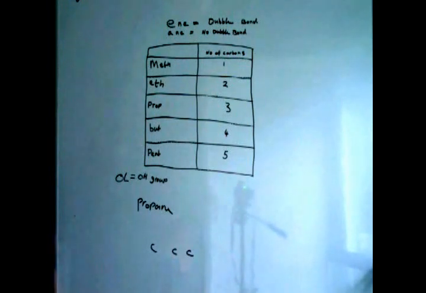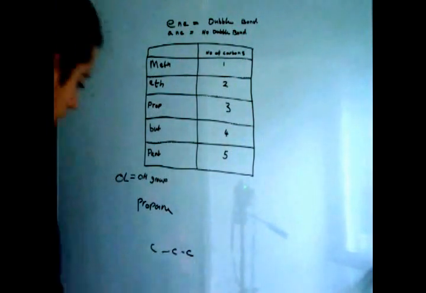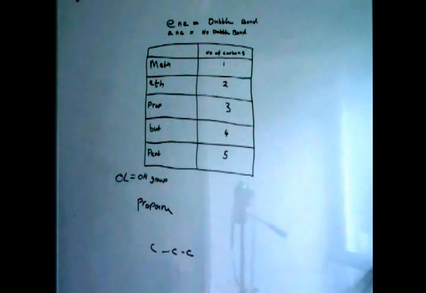It's got 4 little arms that it can bond to other things with. Okay, so we know that these are all bonded like that. And now the only other thing in propane is hydrogen. So all we need to do is fill the spare bonds of the carbon atoms.